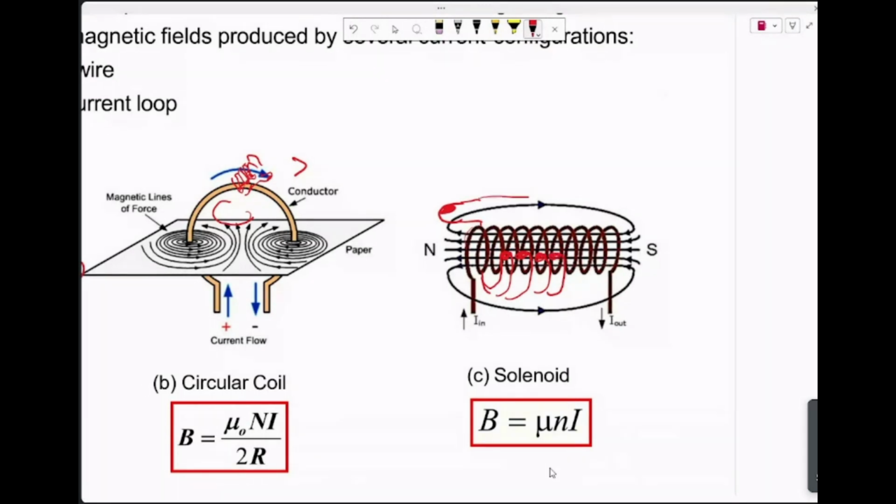This one is a little bit tricky because you need to be careful. When you're pointing upward in the loop here, in the solenoid, make sure that the direction arrow here is the outside part.